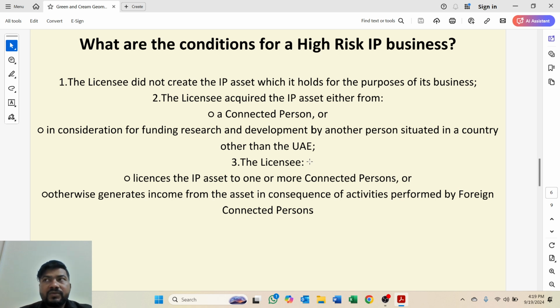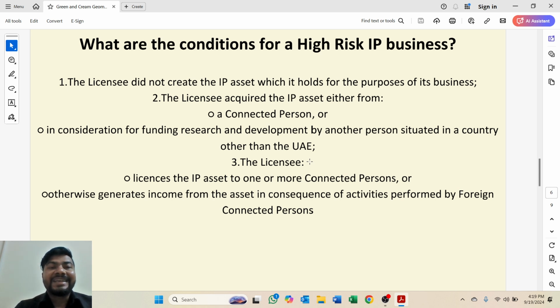If anyone is doing business and earning income from such intangible assets, they will be considered to be doing intellectual property business. So what are the conditions when that intellectual property business becomes high risk?